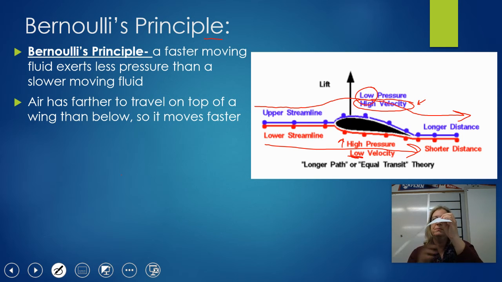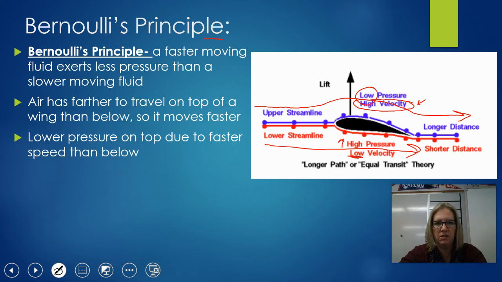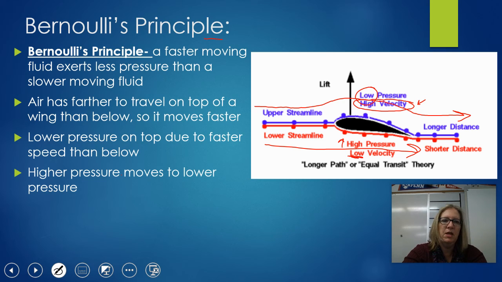Slower on the bottom, higher pressure. High pressure always wants to move to low, okay? So lower pressure on top due to faster speed than below, higher pressure moves to lower pressure, okay? So for the paper, the higher pressure from the slower air on the bottom is going to move the paper up. It's trying to get to the lower pressure on top.